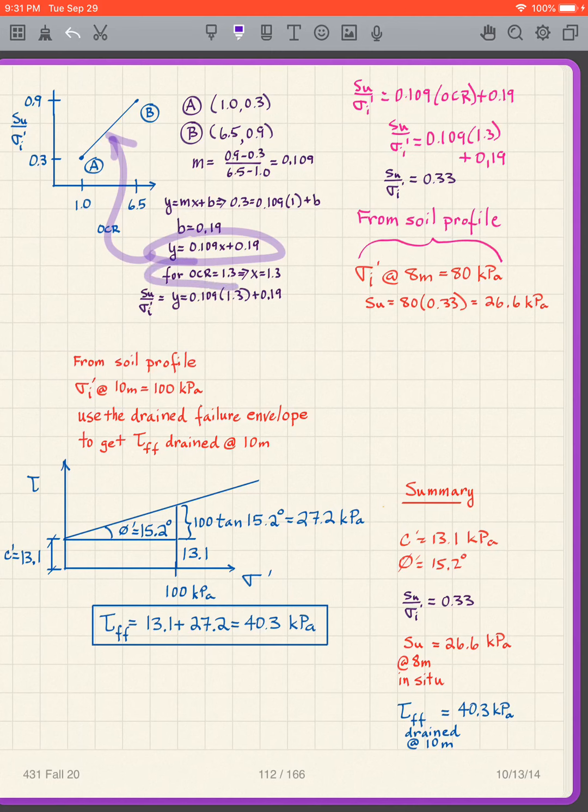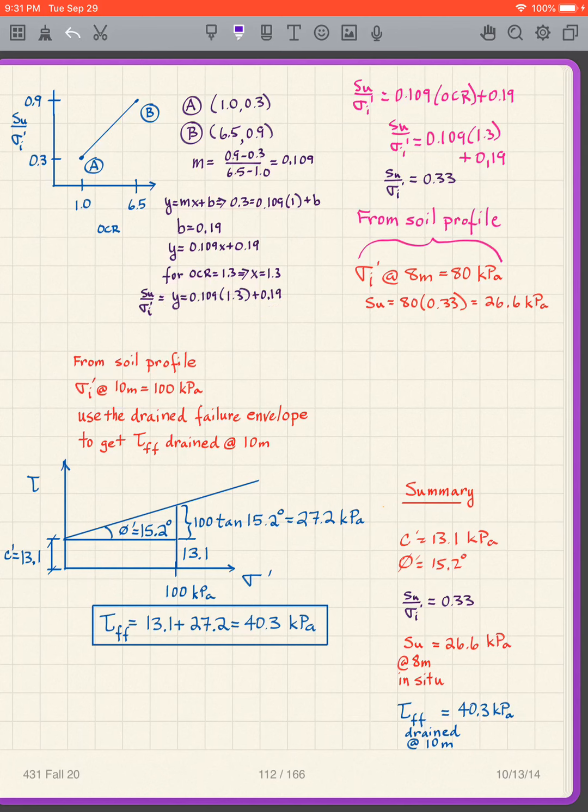Our in situ OCR was 1.3, which means x equals 1.3 in our equation. And we put it into that expression. And so our SU over sigma prime I is the y, because that's plotted on the y-axis. And we solve for y.